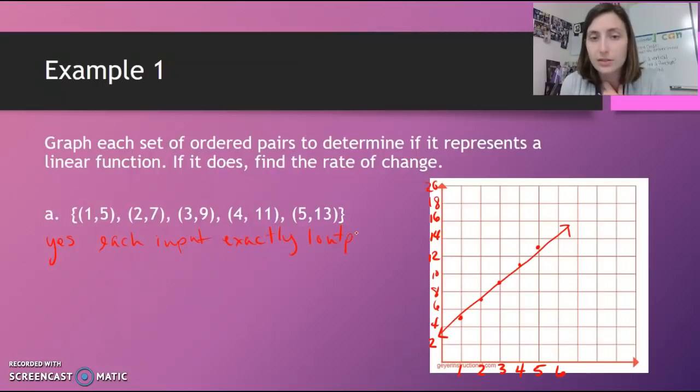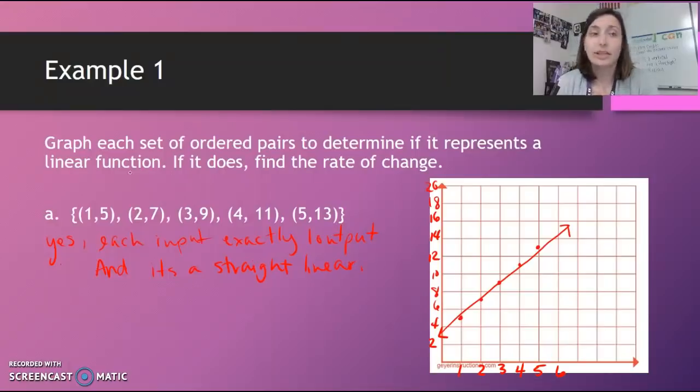So that makes this a function. And then from there, we know that it is linear because it's a straight line. It's easy to know linear because you can look at it and see a line when you're looking at a graph.